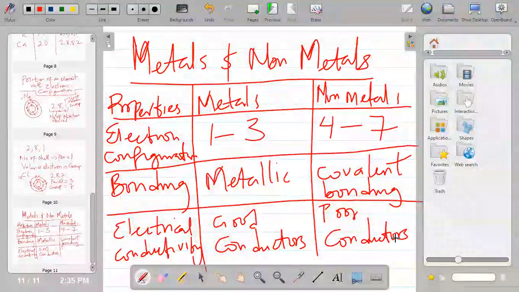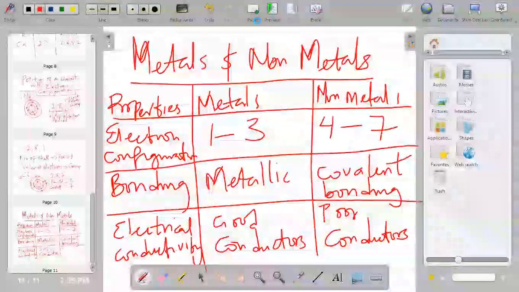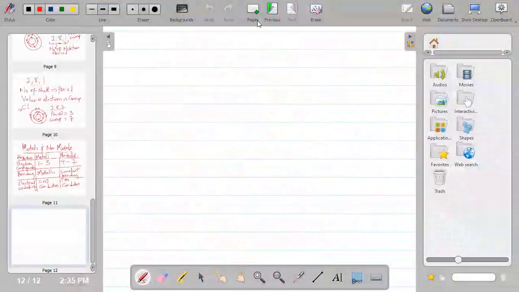Also, we have other properties such as types of oxide formed. Metals are known to form basic oxides. A few of them are amphoteric, while non-metals usually form acidic oxides, and some of them are neutral.